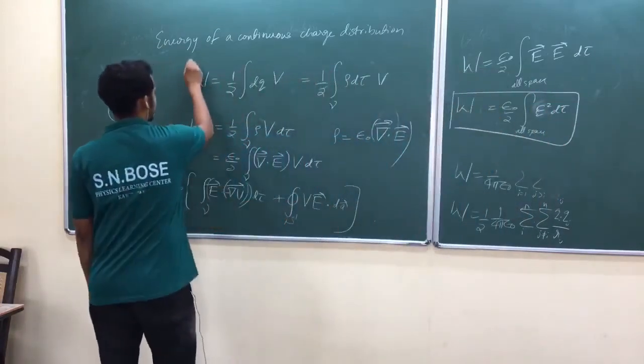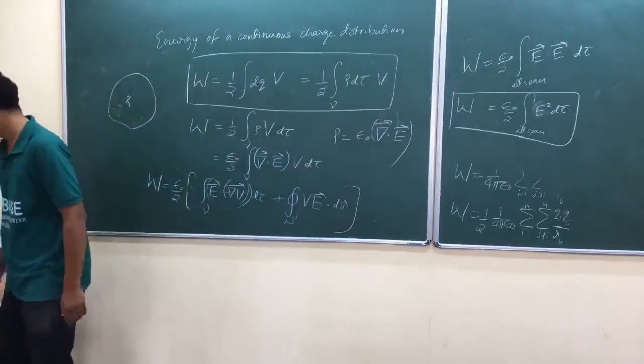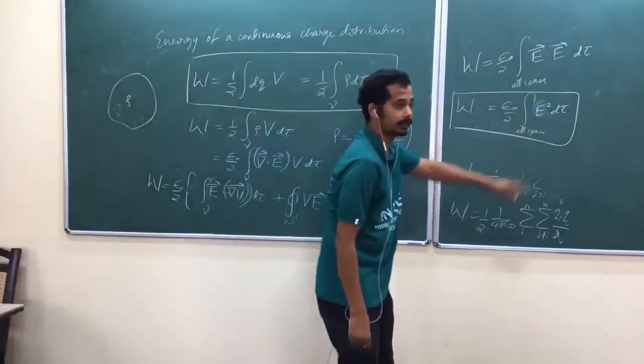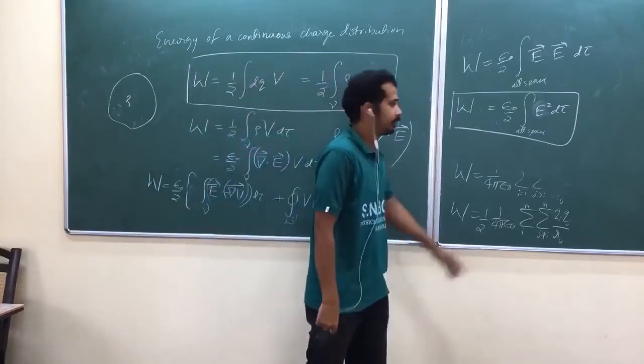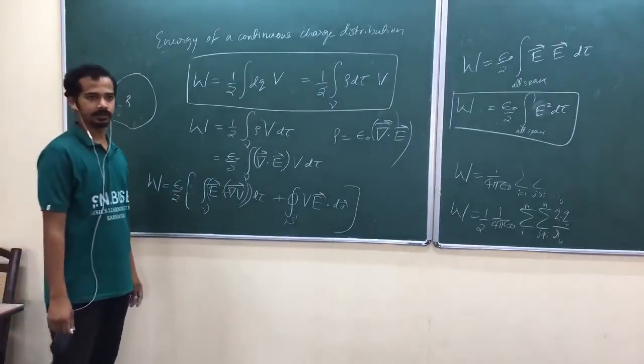Now carefully see these two formulas. A lot of questions will arise actually. Integral over all space, don't forget. This was integral over region of the charge. This was integral over all space, wherever the field exists, isn't it?